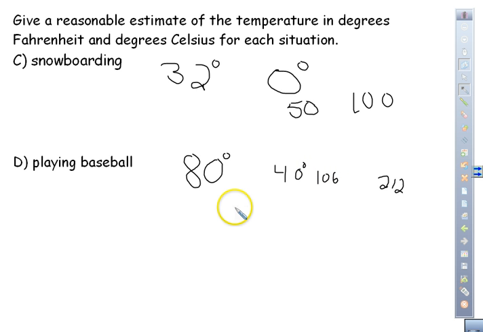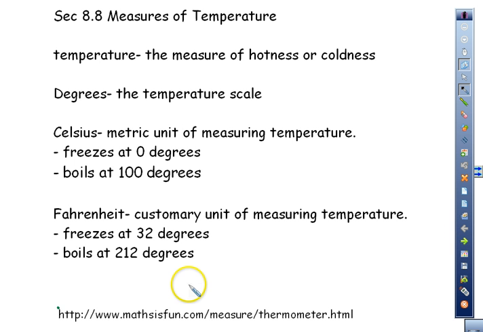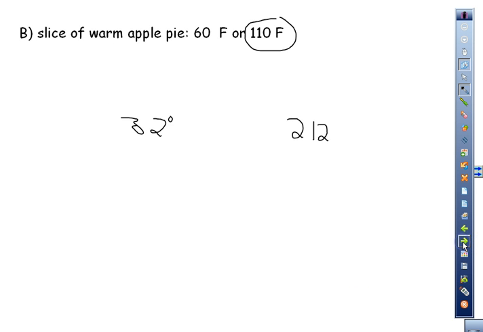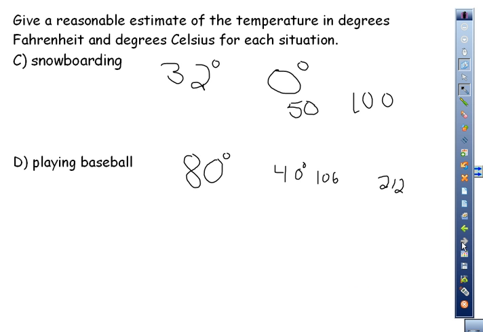Okay. Now what we're going to find out when we do this, and we'll do this in class tomorrow, is when we get on this using the tablets, and we're going to kind of get around some groups and go to this website, you're going to be able to discover some more of these and have a little bit better understanding as to what these conversions should look like, and have a better guesstimation.